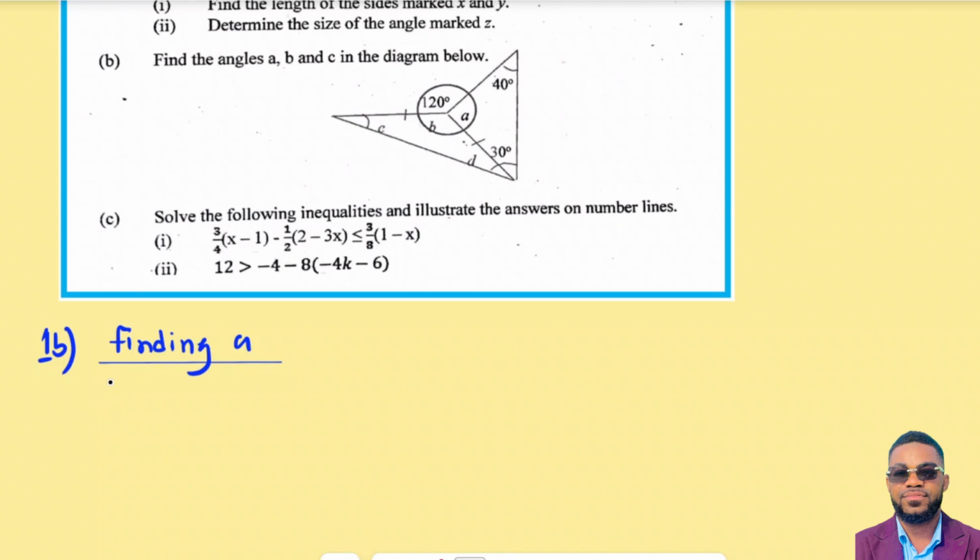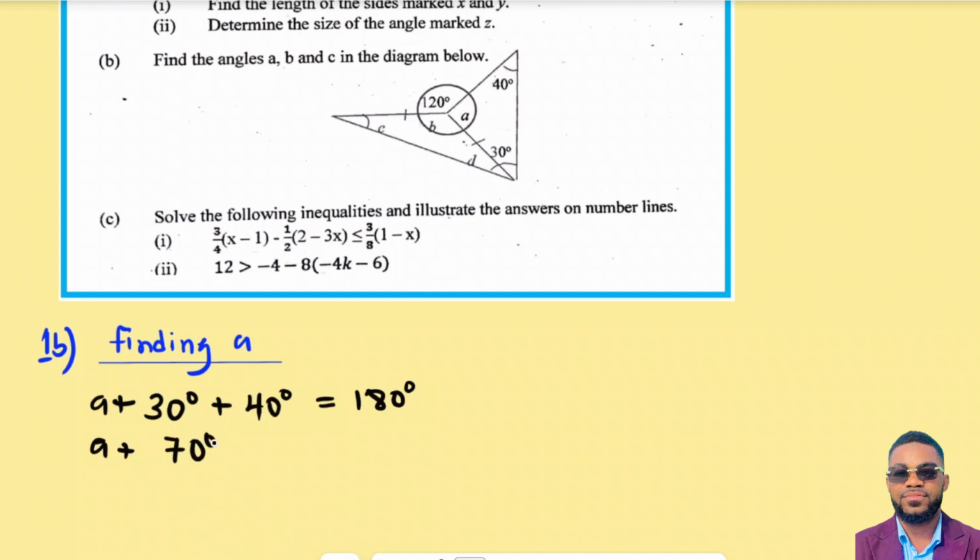So let's begin. After going through this diagram, I can see that it's very, very easy to find the angle A, from this triangle. So finding A is going to be very, very simple because the sum of these angles should give me 180 degrees. So like I was saying, if you want to find A, just add all these angles. So that's going to be A plus 30 degrees plus 40 degrees. And that should give me 180 degrees. The reason is that they are the sum of the angles of a triangle. So now we can just find the value of A. So A plus 30 plus 40, the 30 plus 40 is going to be 70.